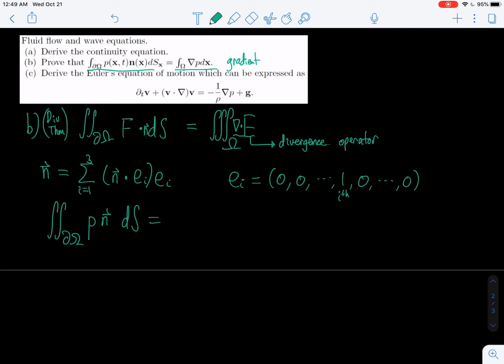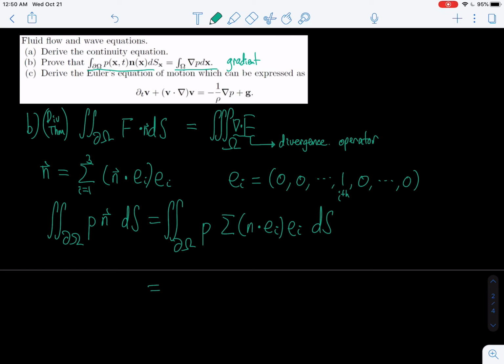Using the orthogonal decomposition of n, I get P times the summation of n dot ei times ei ds.